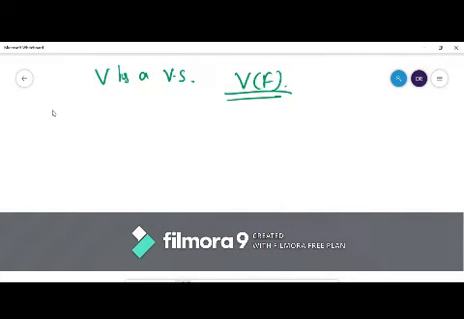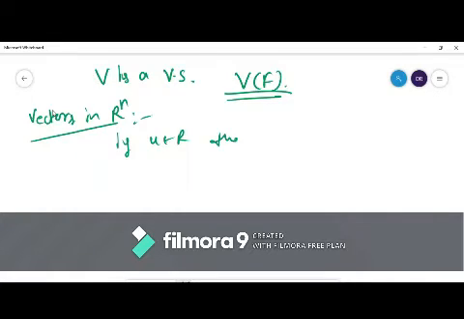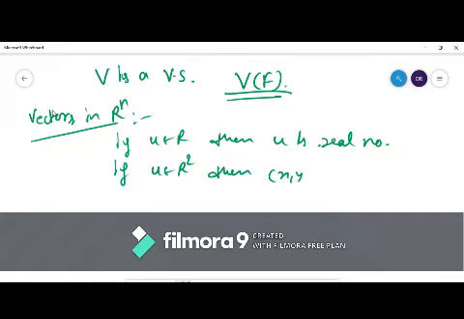Next is vectors in Rn. If u belongs to R, then u is a real number. If u belongs to R square, then u is of type x, y, where x and y are real numbers. This is an ordered pair.